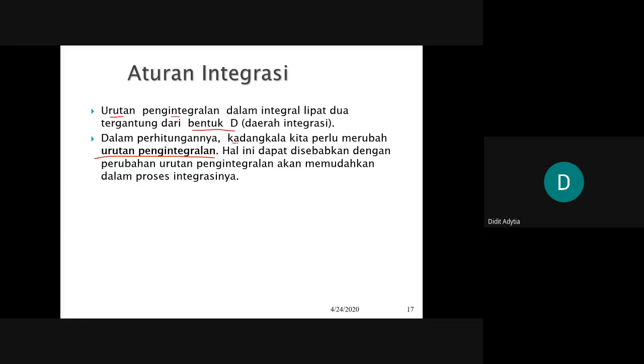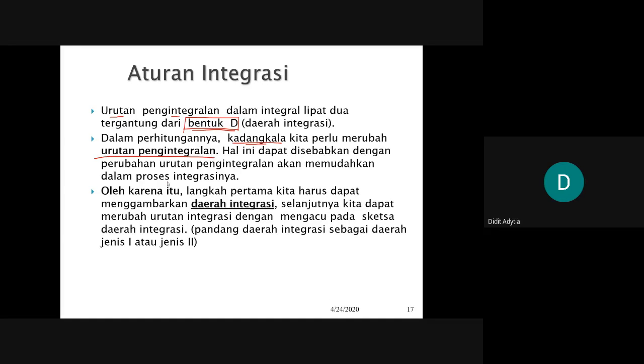So do not directly apply a type, but check. What you need to do first is to check the shape of D. So this can be solved by changing the order of the integrations, which makes the integration process easier.